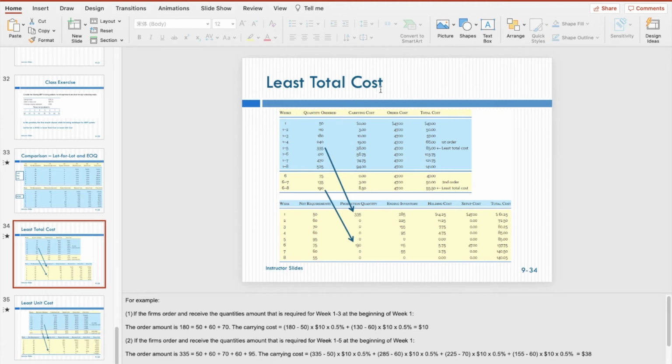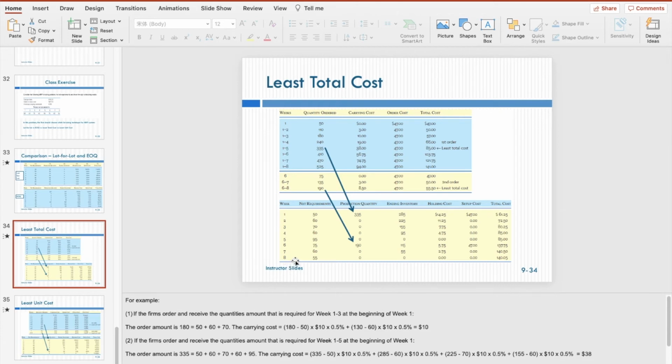So under the least total cost, the first question you need to ask is: in week 1, should I order the amount only for this week, or for the next 2 weeks, or next 3 weeks, next 4 weeks, next 5 weeks, next 6 weeks, next 7 weeks, or a total of 8 weeks? That would be the first question we need to ask ourselves.